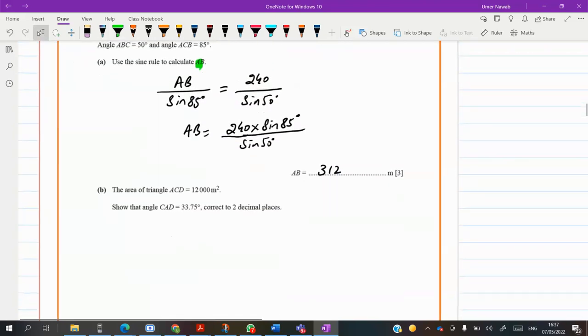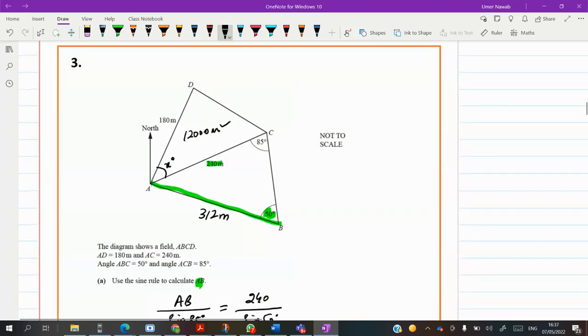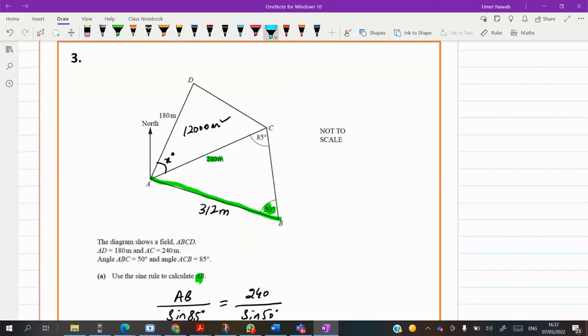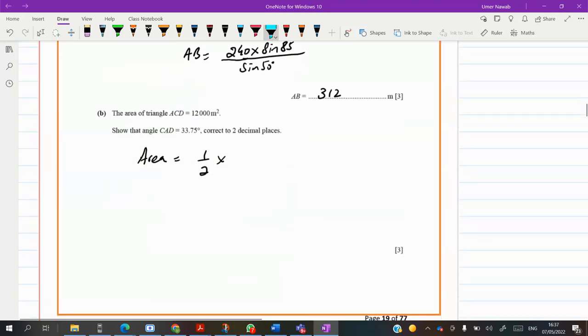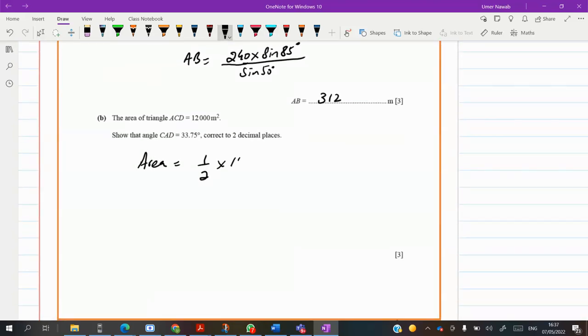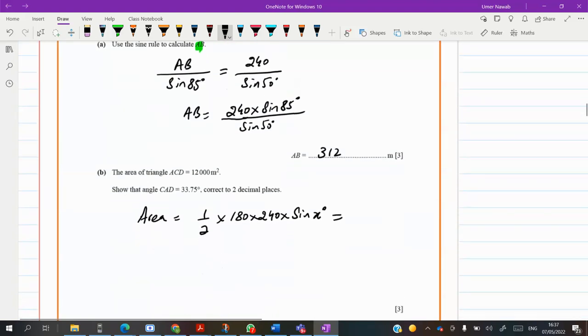What is the area formula? Half times the two sides, which are given to me, 180 and 240, and this area is 12,000.